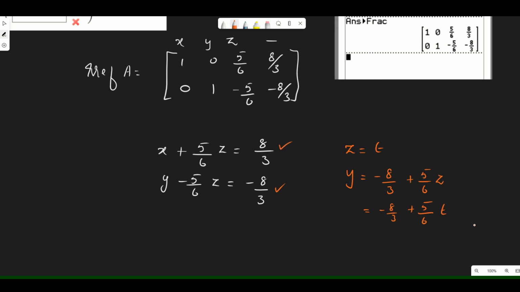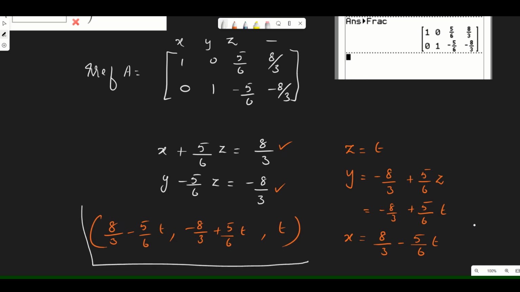And from the first equation, I get x equal to 8/3 minus 5/6 t, and z is t. So the solution will be 8/3 minus 5/6 t, negative 8/3 plus 5/6 t, comma t. That will be the solution for the first two equations.